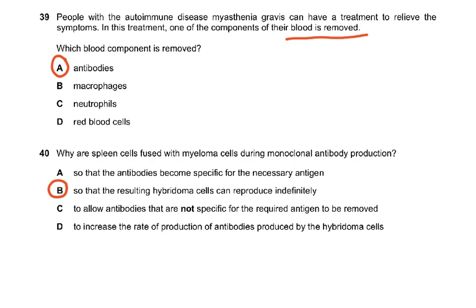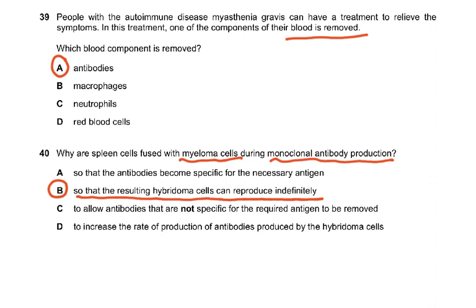Question 40. Why are spleen cells fused with myeloma cells during monoclonal antibody production? So that we give them immortality. Myeloma is a cancer cell, and the normal B plasma cell is not going to survive.